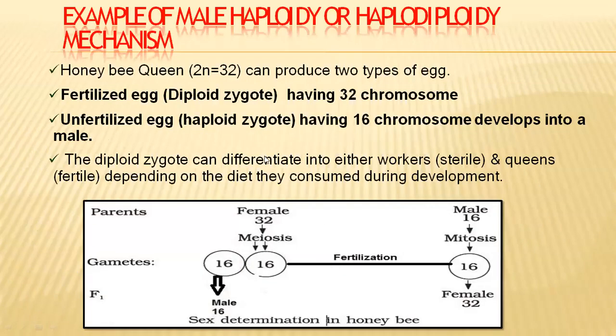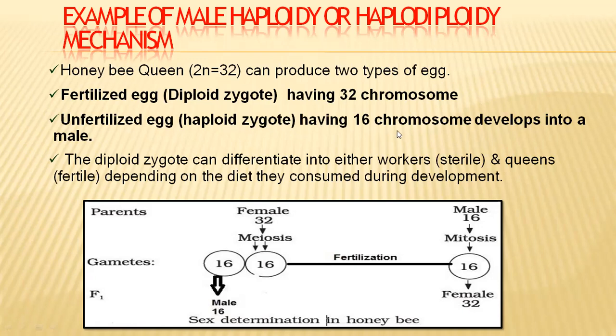In these organisms, let us see the example of the honeybee. Honeybees possess 32 chromosomes, and the female can produce two types of eggs. If the egg is fertilized, it will have 32 chromosomes. And if the egg is not fertilized, it will possess only 16 chromosomes.